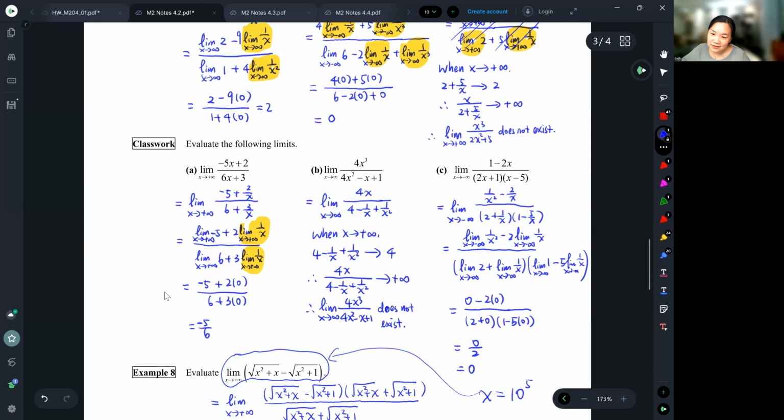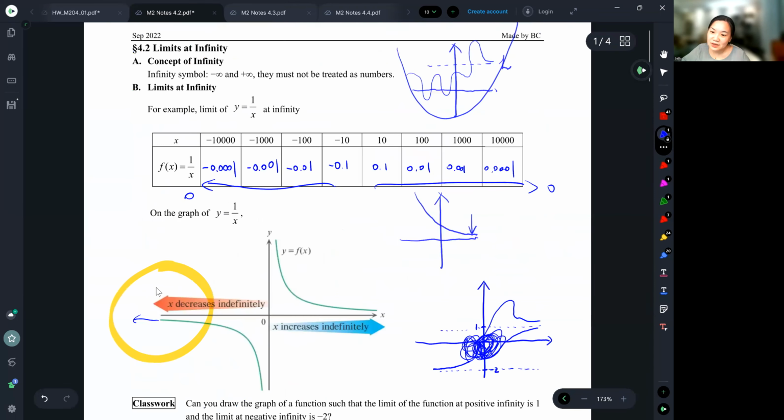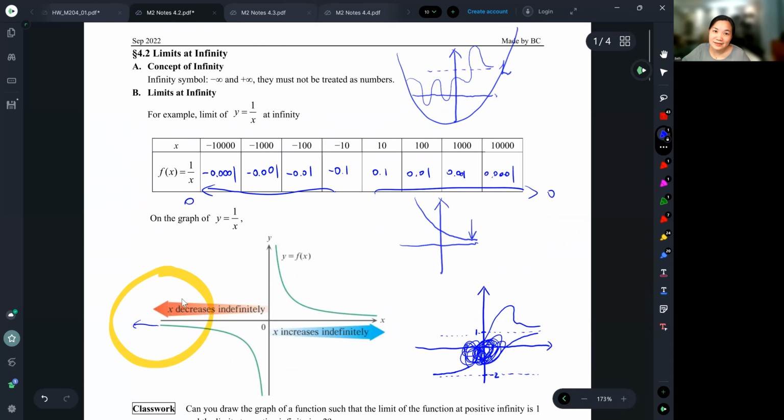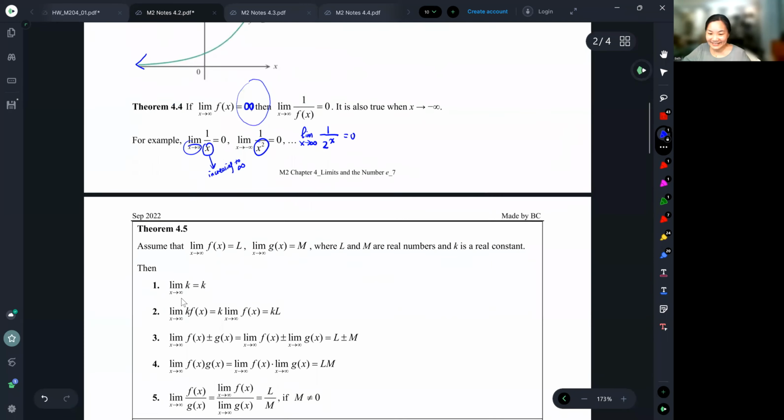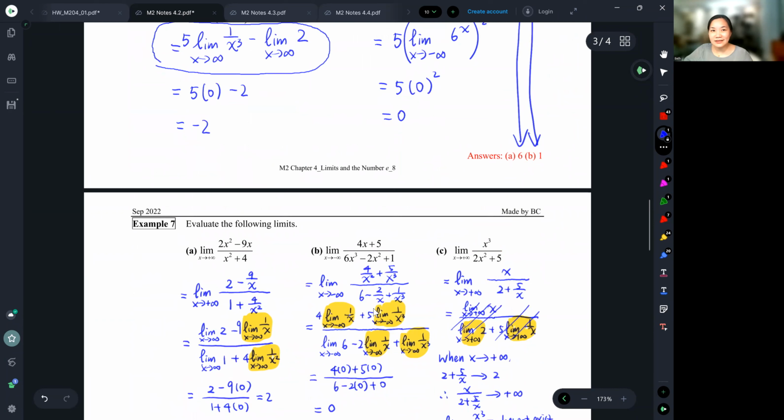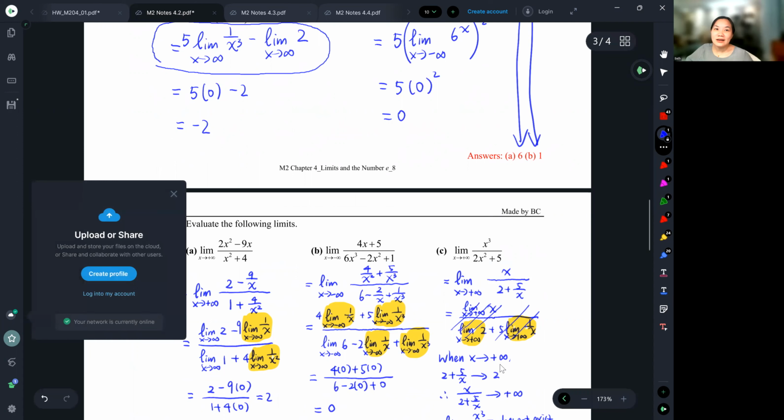Now, it really is the two types of limit. I think that's the main idea of this chapter. You have type 1 and then you have type 2. Now, type 1 is the broken point. Type 2 is at infinity. Now, our next lesson is going to be type 1 again.